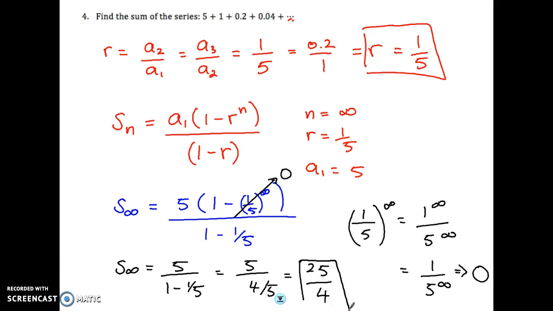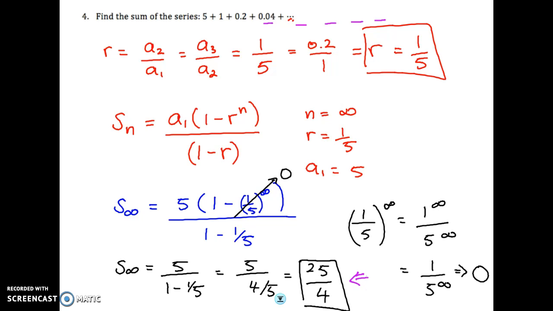So bizarrely, this infinite sum actually has a finite value. And if you think about it, the terms of this sequence are getting progressively smaller and smaller, so we get to the point where we're effectively adding nothing. We're adding 0 every single time. And so we've converged on this finite value.